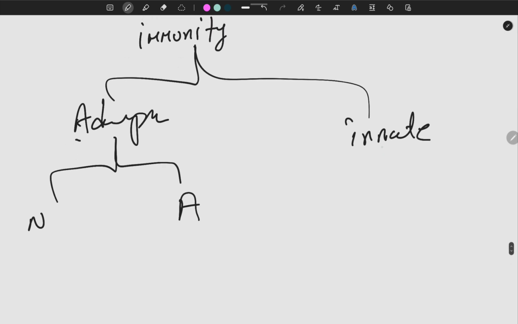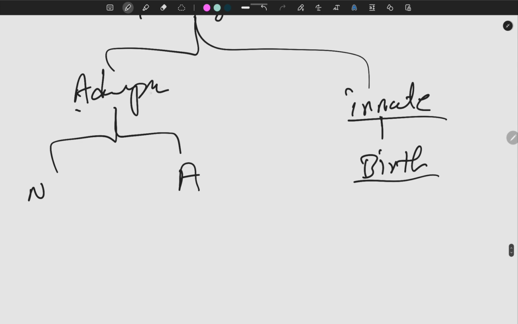Innate immunity is nothing but the immunity that the person receives by birth. From birth itself, the person will have the immunity, that is innate immunity. Adaptive immunity is nothing but we are adapting the immunity. In that we have natural and artificial.